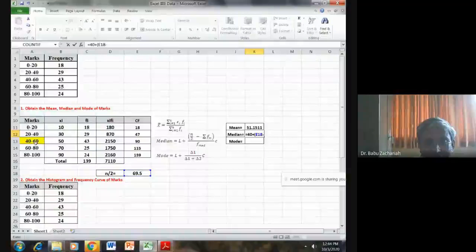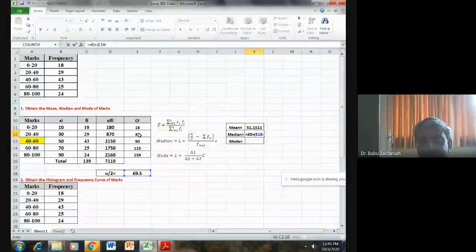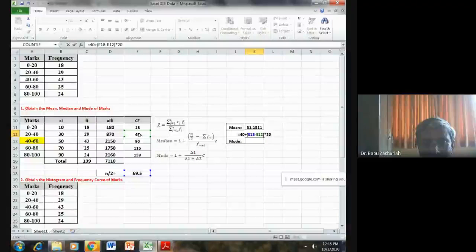This is the present median class; the previous class is this, its cumulative frequency 47. Close the bracket, into C, the class width, that is 20, divided by the frequency of the median class, that is 43.